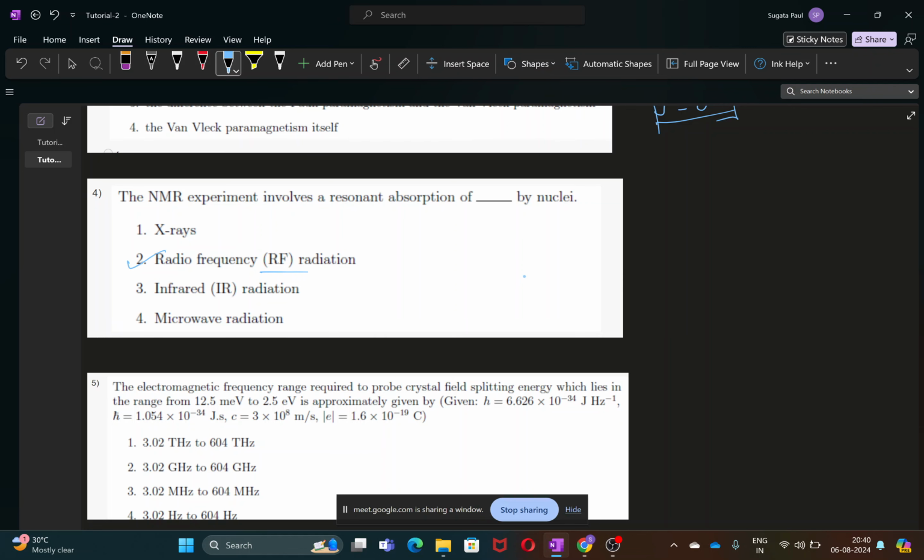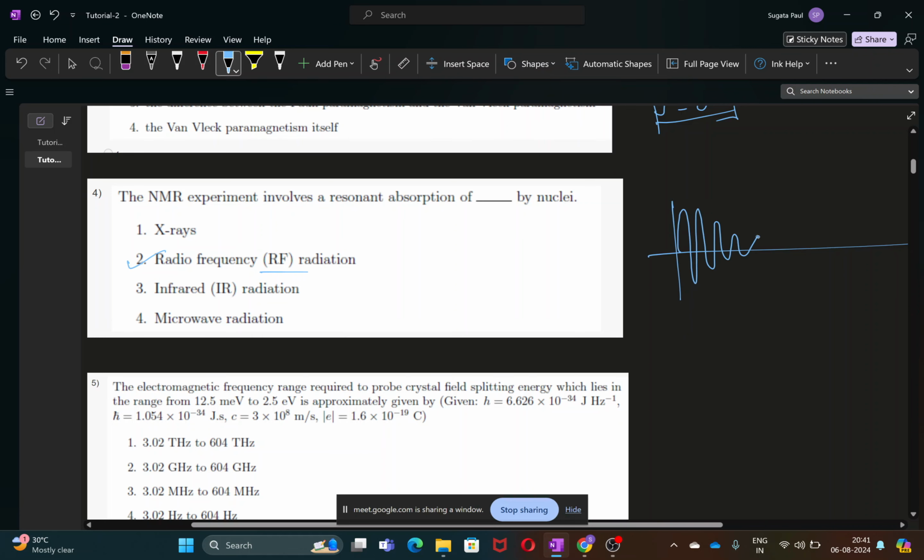So basically, by noting down the RF frequency or RF intensity that is being emitted from the material after the radio frequency pulse is gone, and if you note the data over time, the RF intensity will decay over time obviously.